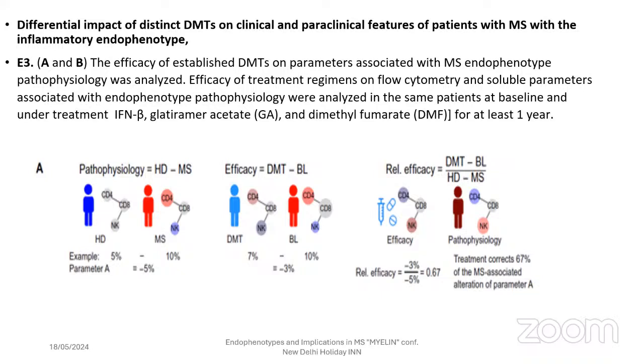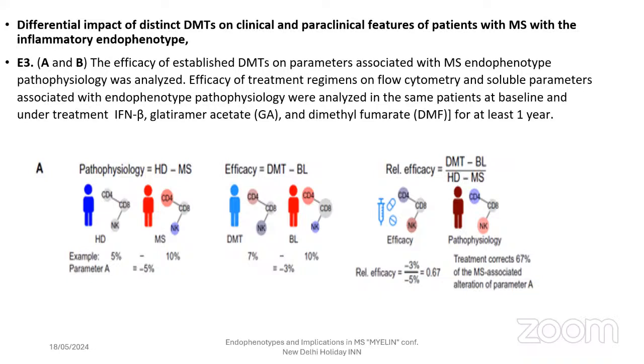The efficacy of these DMTs on parameters associated with MS phenotype was analyzed, also by flow cytometry, and the soluble parameters associated with these endophenotypes were analyzed, and what they observed was very interesting.